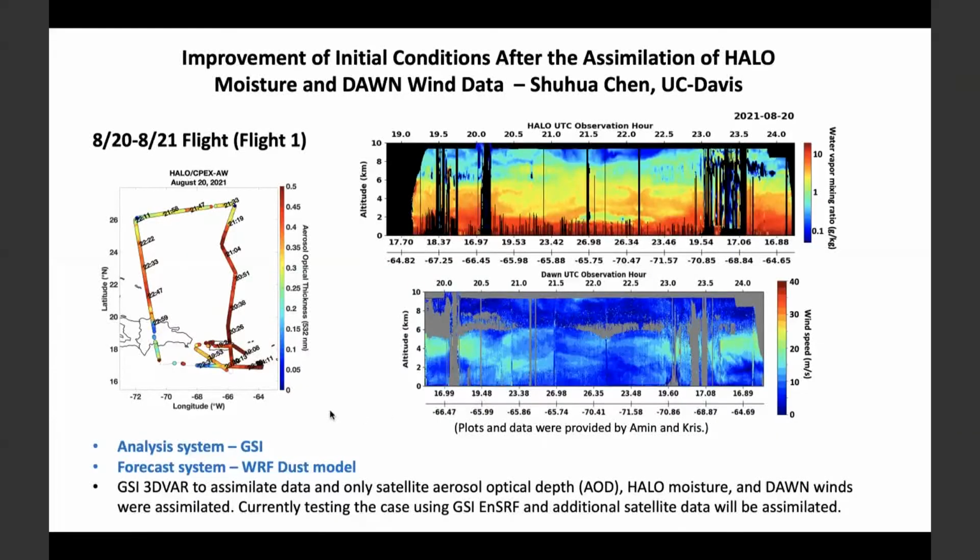I'm going to go through a few things about our modeling team attempting to simulate these data in real time, and we're still working on this. The first example is Shuhua Chen's group at UC Davis. This is the first flight when we flew through this very dry air, and this is HALO, the surface wind from dropsondes and HALO. She is able to use the GSI analysis field and assimilate this data into the WRF dust model.